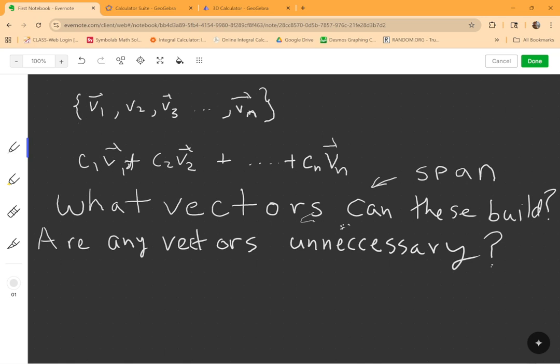Now, are any vectors unnecessary? That is going to be answered through this idea of linear independence. And we'll properly define both of these things in later videos. But these are at the heart of our topics for this week.